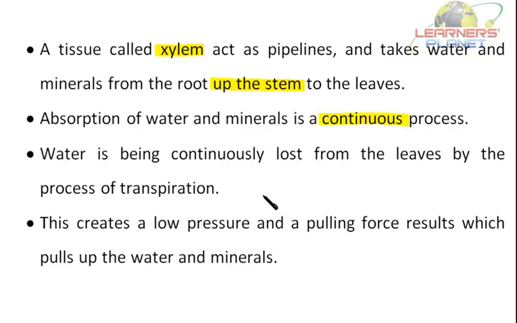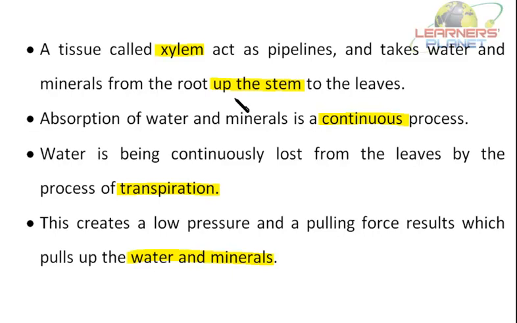Water is being continuously lost from the leaves by the process of transpiration, which creates a low pressure, and a pulling force results, which pulls up the water and minerals. So this is the reason why xylem acts as pipelines and takes water and minerals from the root up to the stem and finally to the leaves.